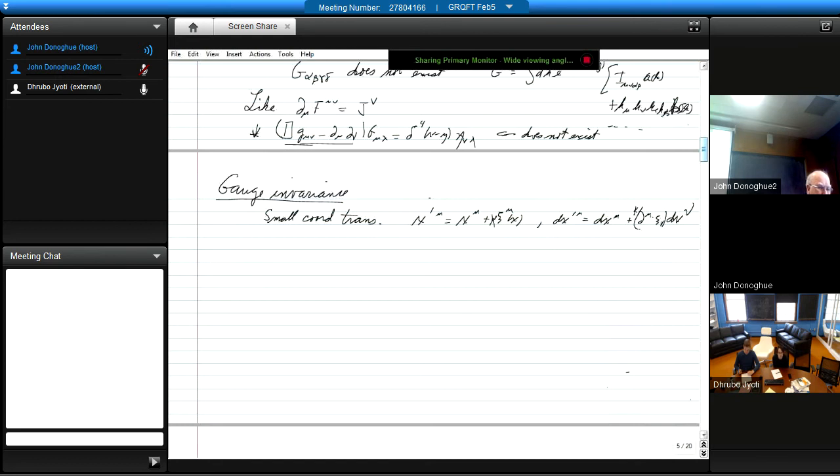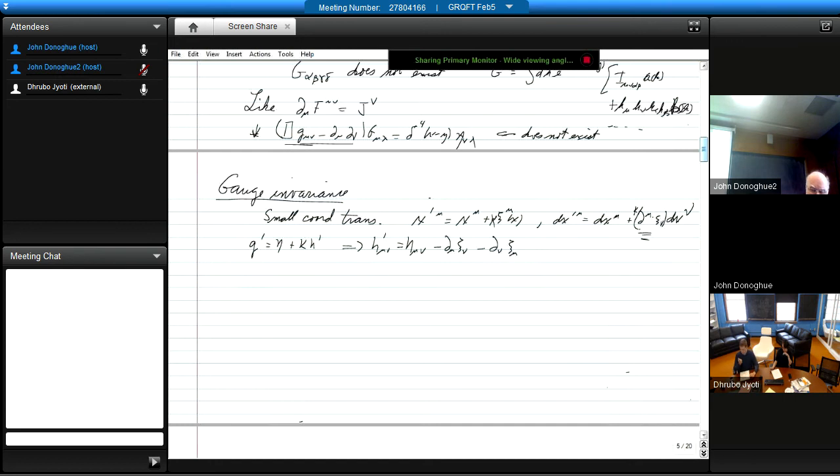If you then look and see what happens to the metric, you get G prime is eta plus kappa H prime, and H prime mu nu is H mu nu minus the derivative mu C nu minus the derivative nu C mu.